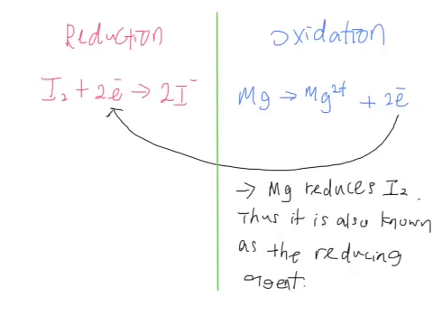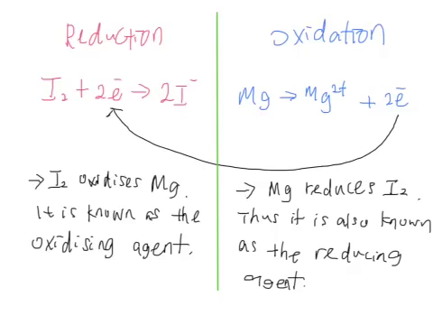At the same time, iodine itself will be reduced, and you can also say that iodine oxidizes magnesium. So that's why iodine is also what we call the oxidizing agent. Just remember that, when an element is being reduced, we call it the oxidizing agent. When the element is being oxidized, we call it the reducing agent.